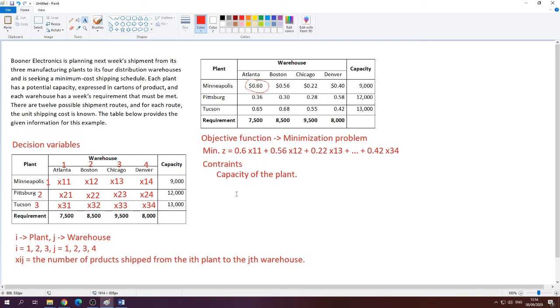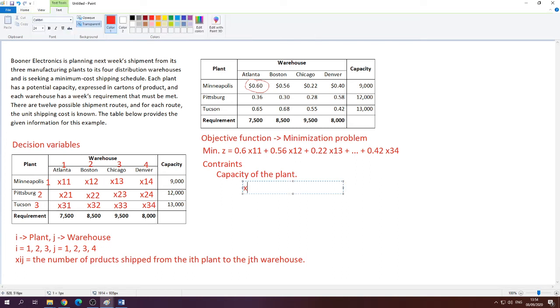So what is the total number of products sent from Minneapolis? That will be X11 plus X12 plus X13 plus X14. That is the total number of products that we send from Minneapolis, and this total cannot be more than 9,000, so it should be less than or equal to 9,000.